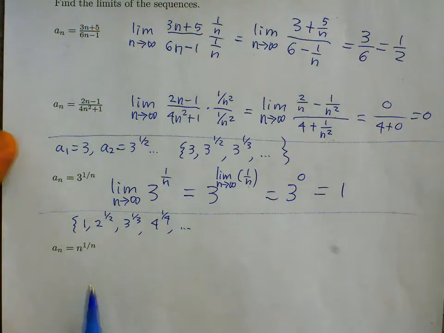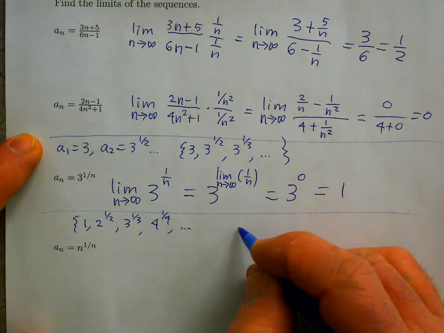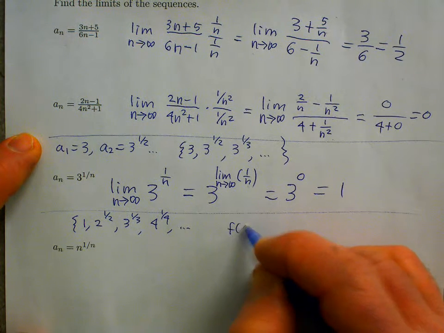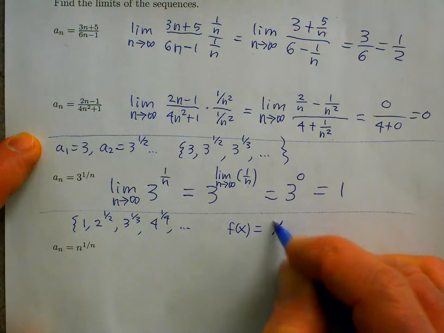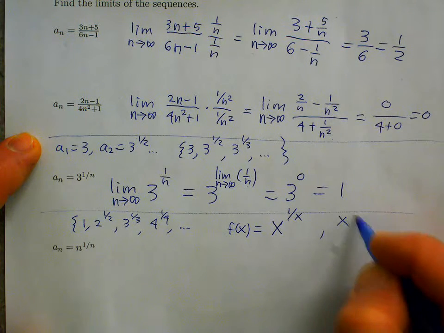Okay, for this one, we can borrow what we learned in Calc 1. The related function of x is x to the 1 over x, where x is a positive real number in this case. So for x greater than 0.